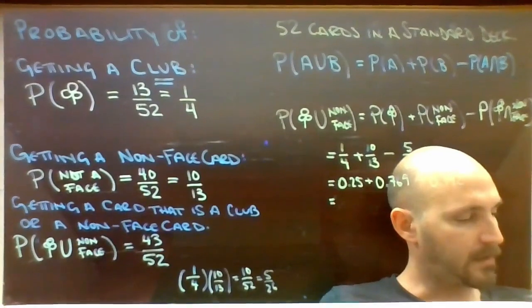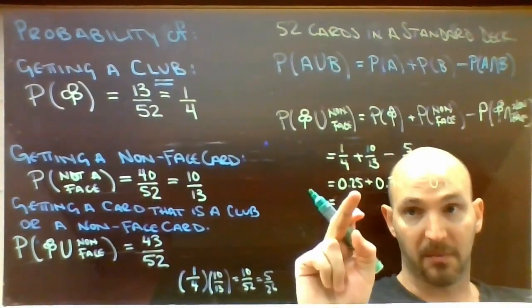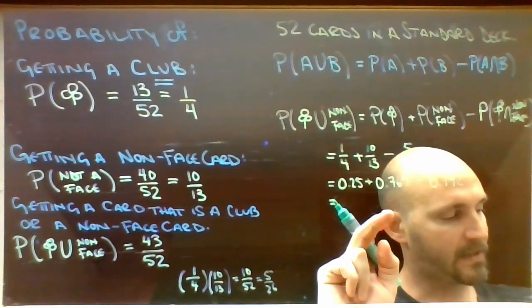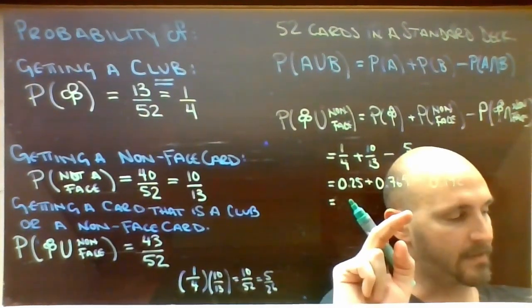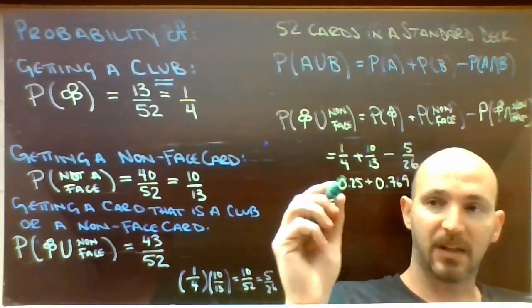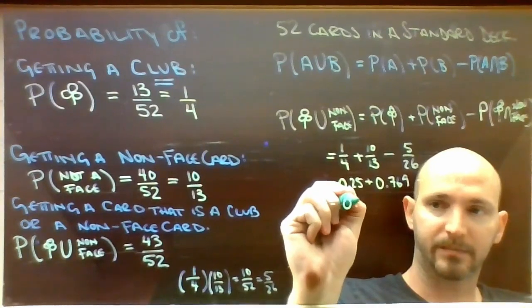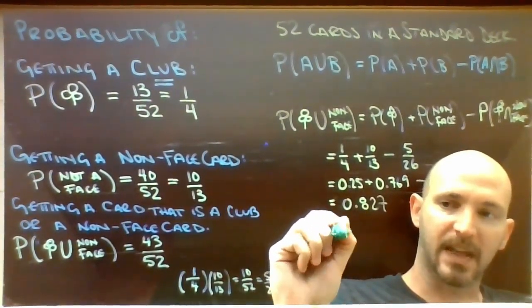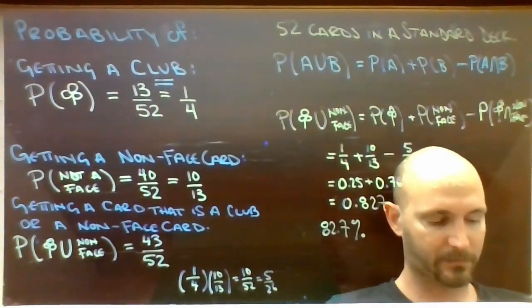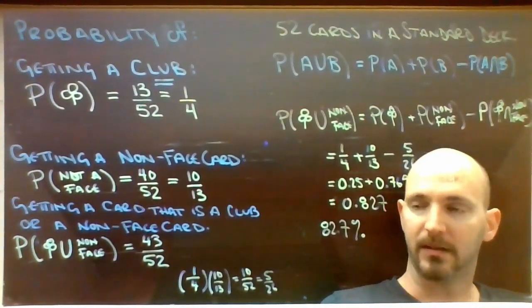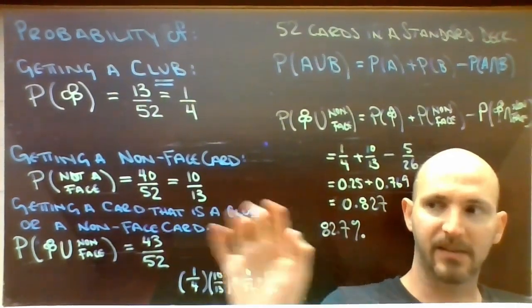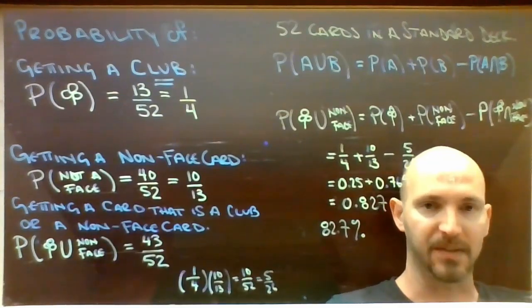And if I try that again, 0.25, so that's the probability of being a club, plus the probability of being a non-face card, minus the probability of being both, I end up with 0.827. That's an 82.7% chance. Okay, great. When I looked over here in the last example, I happened to find my answer just sitting casually waiting for us to discover it.